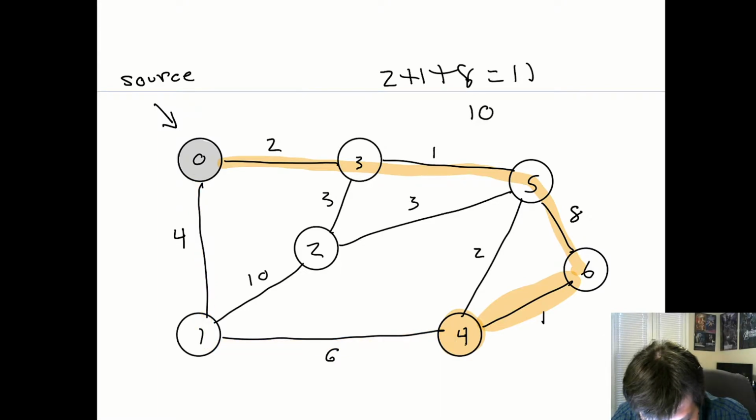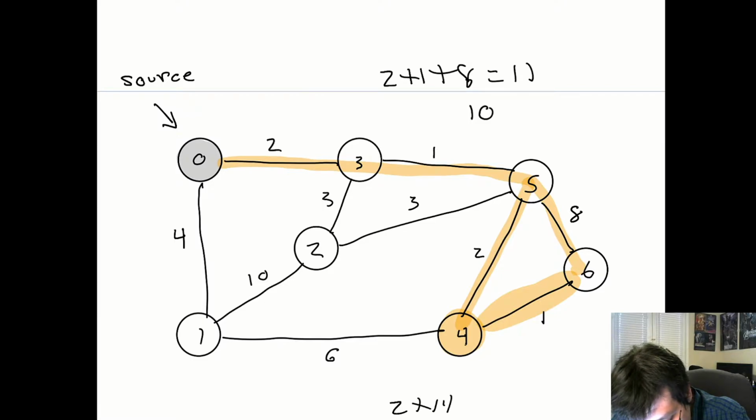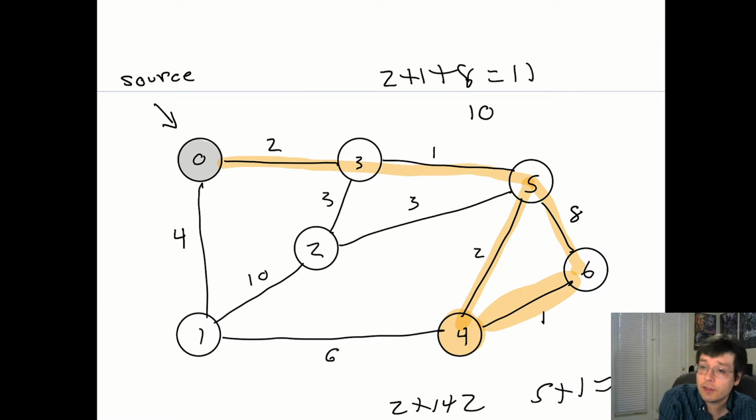But there is another way that you can get there faster. If you go this zigzag way here, or actually better yet, if you go this way, then it's just 2 plus 1 plus 2, which is less than 11. In fact, it's going to be 5, right? So 5 plus 1 is 6, so the final distance that way is 6. So you can see that to be able to guarantee that you actually have the shortest path, you need to look at the other nodes around it.